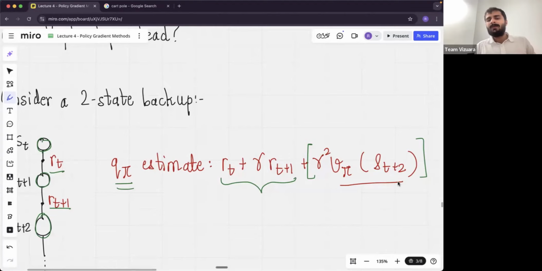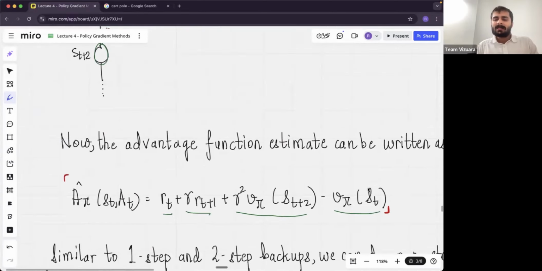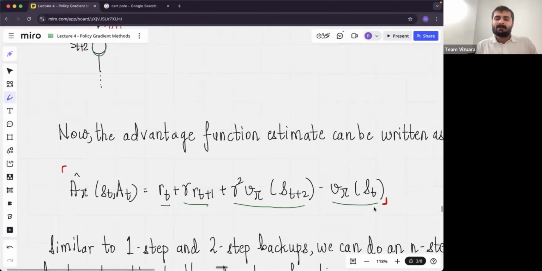Now remember, our previous Q estimate was only the first two terms, R_t plus gamma times V of the next state, but right now we have added a third term also, because we are looking two steps ahead. Now the advantage function can be written as R_t plus gamma times R_t+1 plus gamma squared times the value function of the next-to-next state, which is two steps ahead, minus the value function of the current state. This is anyway coming from the original formula itself.